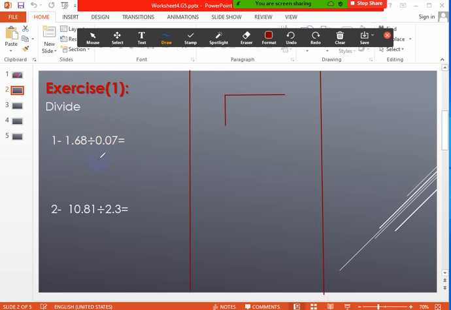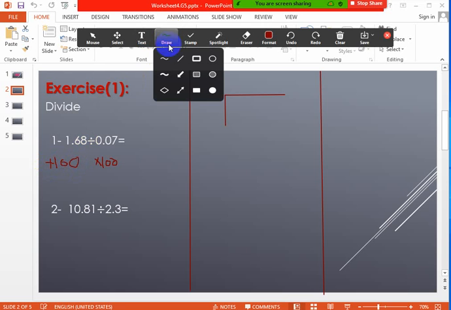I will multiply the divisor by a power of 10, according to the number of digits after the decimal point. That means if I have 2 digits here, I have to multiply by 100, or the second power of 10. When I multiply the divisor, I have to multiply the dividend by the same number.